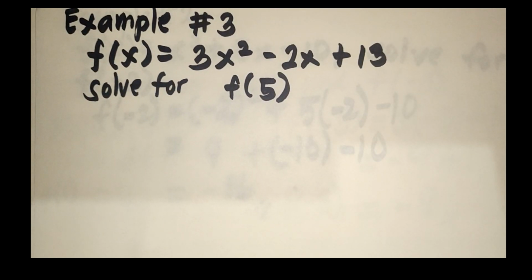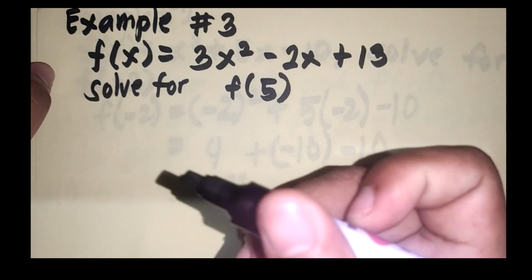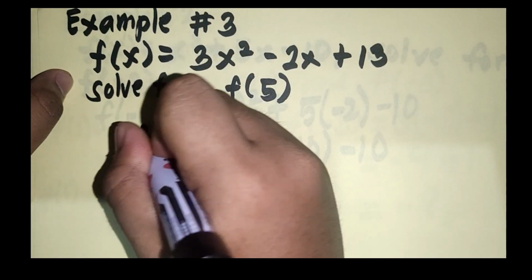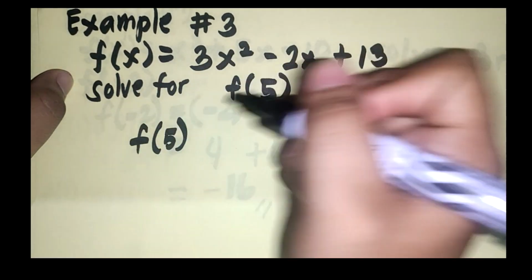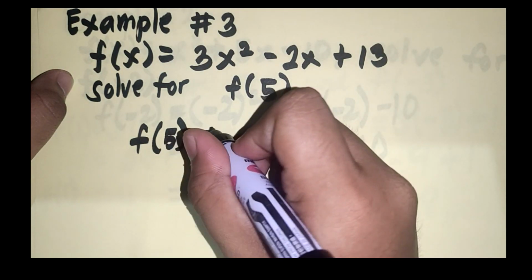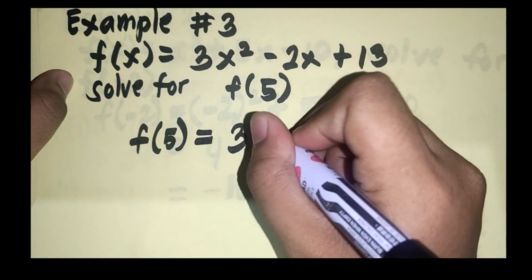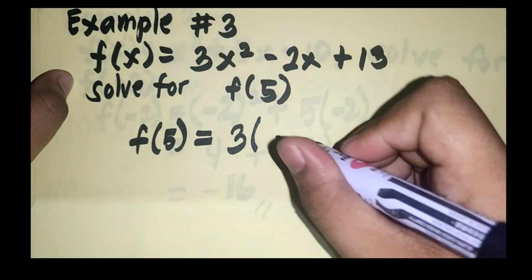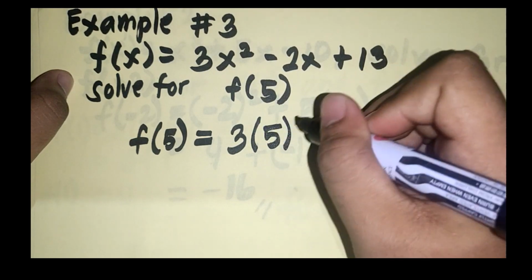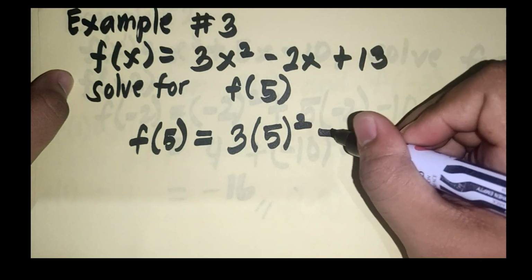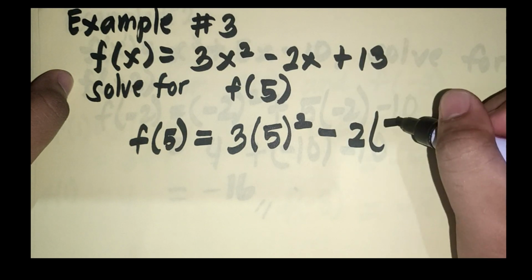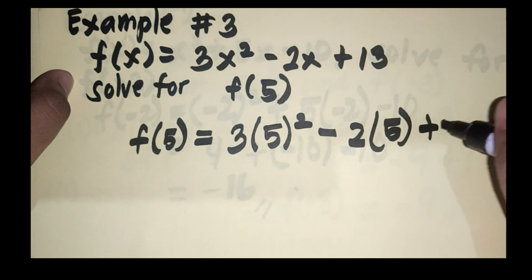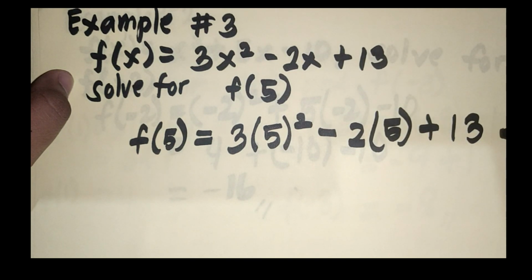We have f of x is equal to 3x raised to 2 minus 2x plus 13. So, solve for f of 5. So, f of 5 is equal to 3 times 5 raised to 2 minus 2 times 5 plus 13.